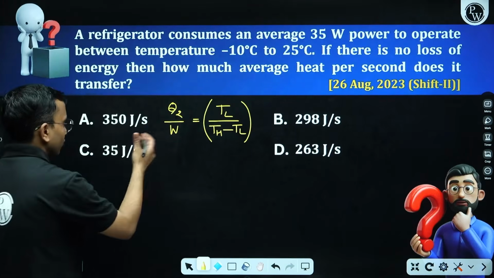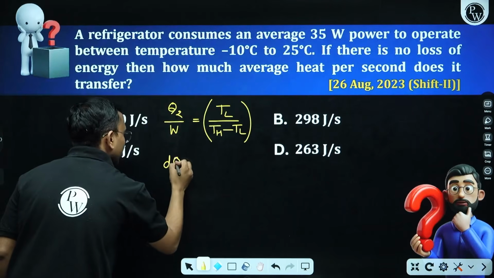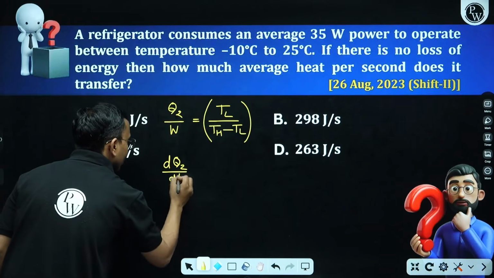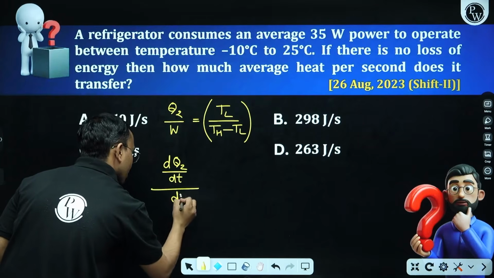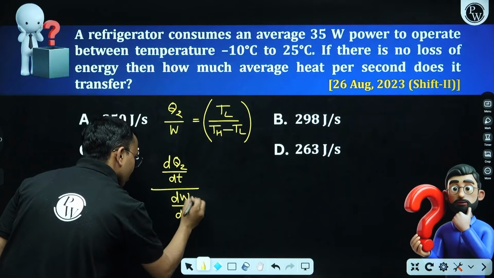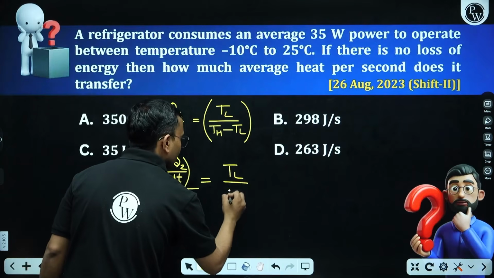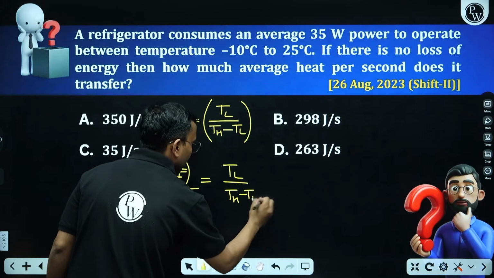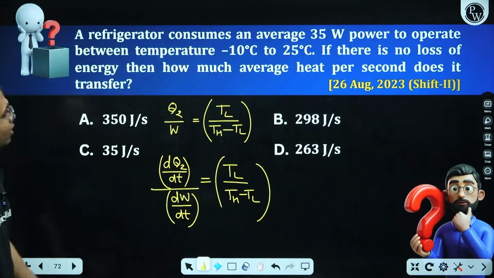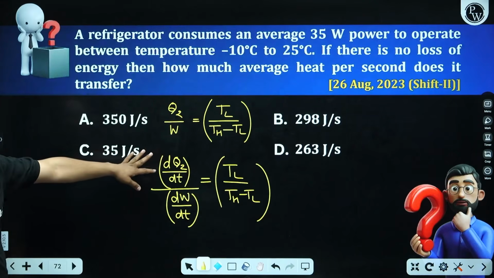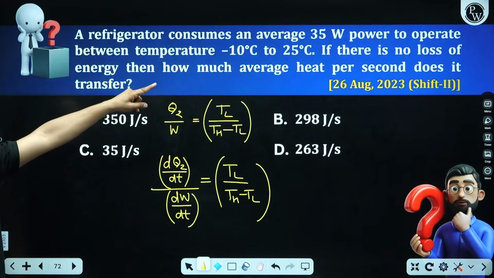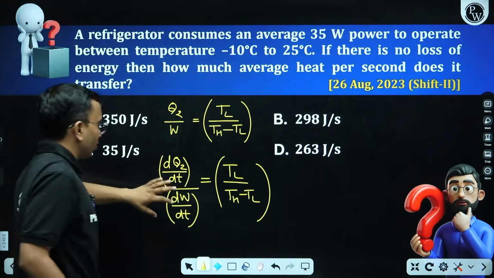And if you take it in terms of dQ by dt, this ratio will be there. Now dQ2 by dt we need, this is our interest, and dW by dt is 35, this is what it is consuming.